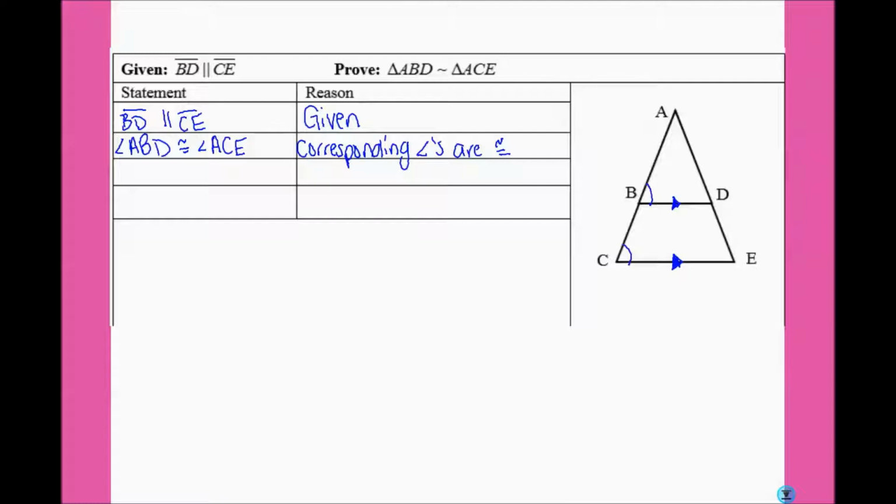Because the triangles overlap, we know that angle A is congruent in both triangles, so angle BAD is congruent to angle CAE because of the reflexive property. So then we know triangle ABD is similar to triangle ACE because of angle-angle similarity.